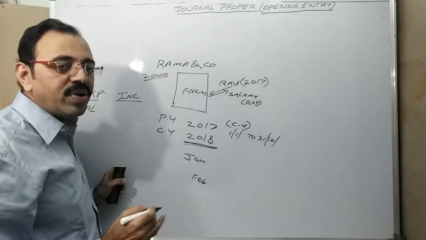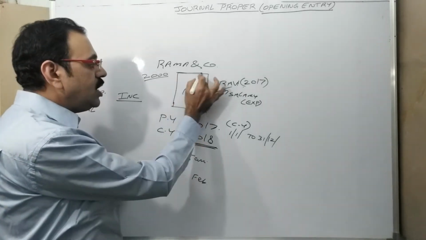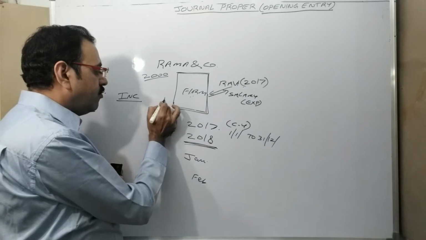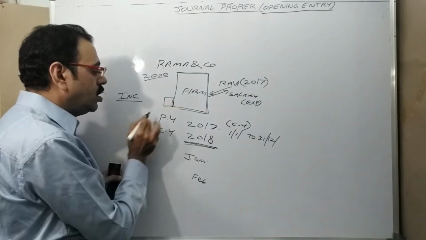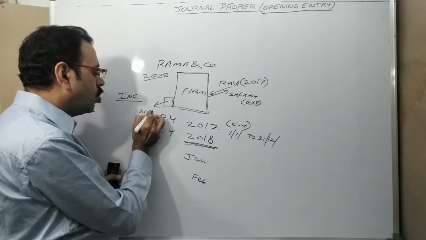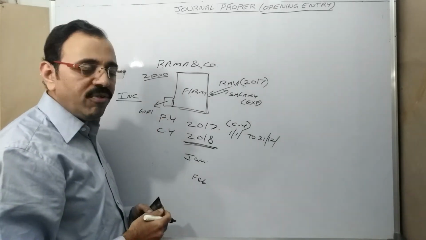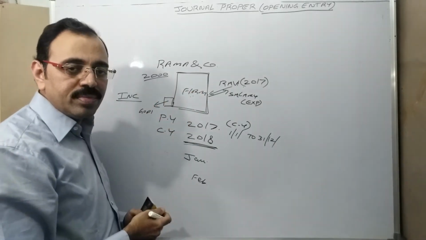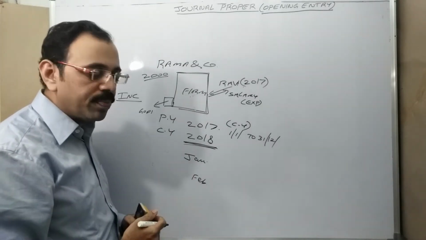Means what? For example, in our firm, we lent one small room to somebody. For example, to Gopi. We lent to him. So who should pay rent to whom?